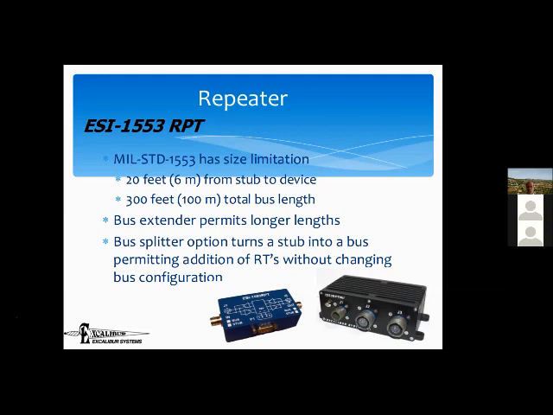I'm still going to be restricted to overall not more than 32 boxes. But if I've only got 10 boxes, then I can add 5 in this particular spot. So that's called a bus splitter. And it allows you to add RTs where you hadn't expected to without messing with the harness.